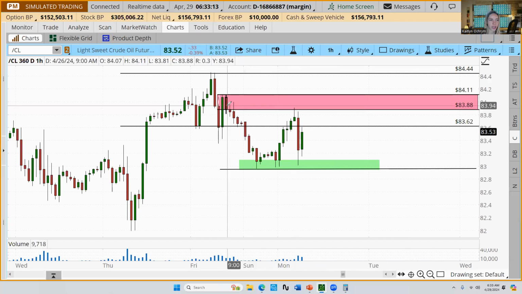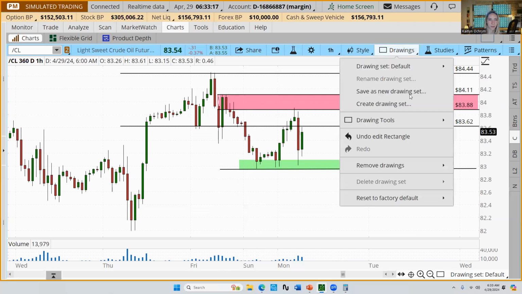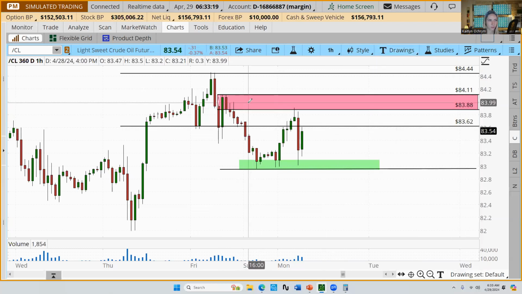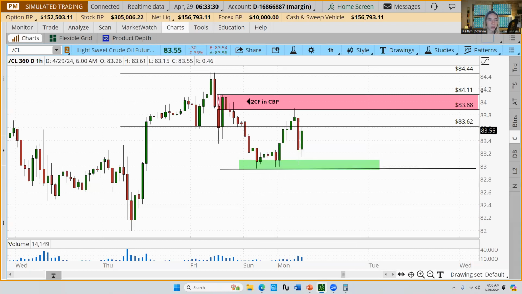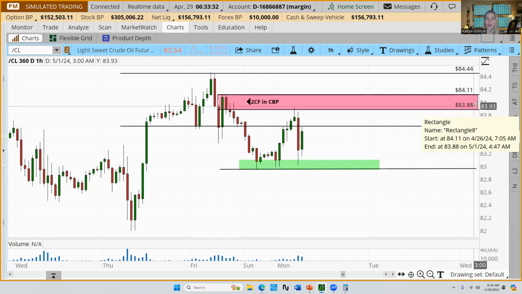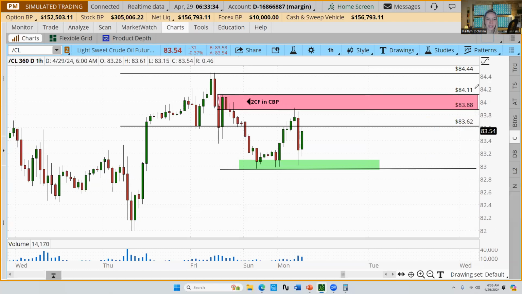Short trade entry on a 2-candle flip in a controlling breakout pivot. That here, 2CF, 2-candle flip in controlling breakout pivot. Short entry is going to be 83.88. Stop at 84.11.